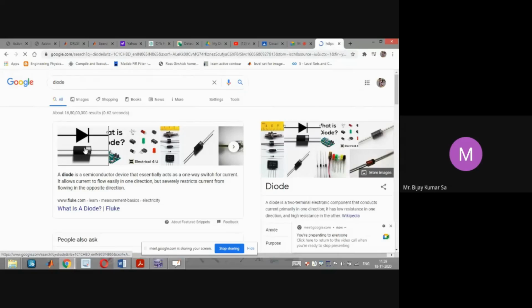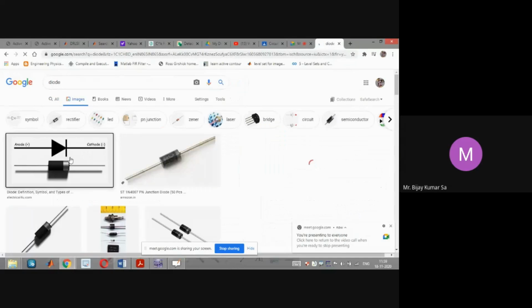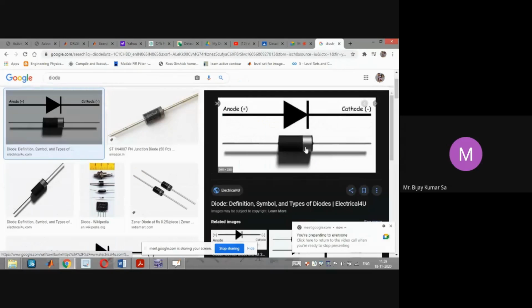You see here in this figure, this is the physical diode, how it looks when you hold it in your palm.